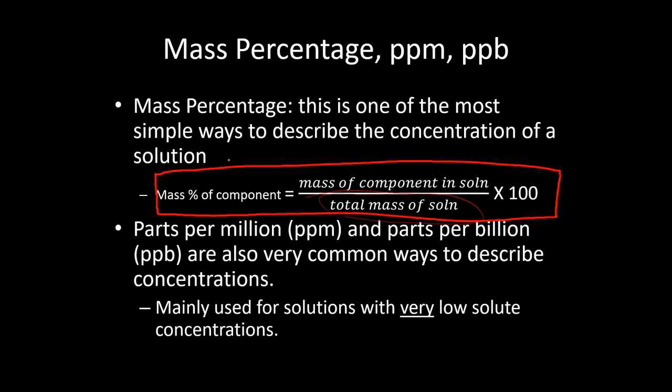So the first thing we're going to do is use this equation to find the total mass of the solution. And we could do this a couple different ways in terms of the algebra. I think the easiest way is to go ahead and do the algebra first. So essentially we're going to multiply both sides by the total mass of the solution, which will make that disappear over here and pop up over here.